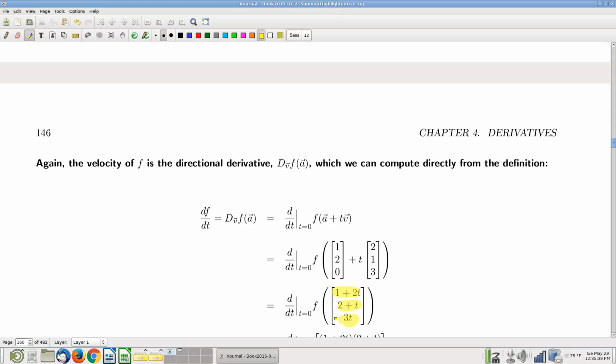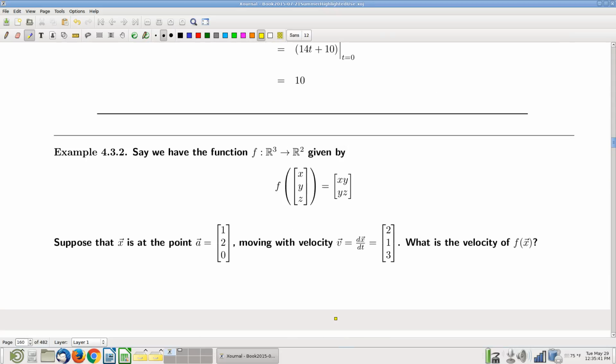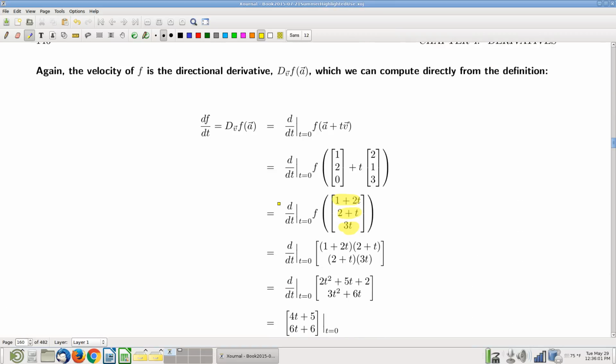I'll plug those straight into my function. Now let's come up here and notice what our function is. Our function is xy is the first coordinate, and then yz is the second coordinate. So the x, y, and z that I'm plugging in, I've got to multiply x times y and then y times z. Okay, so let's come down here. Here it is.